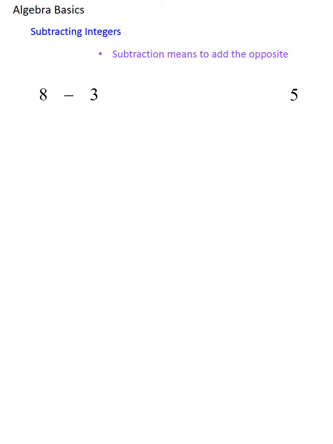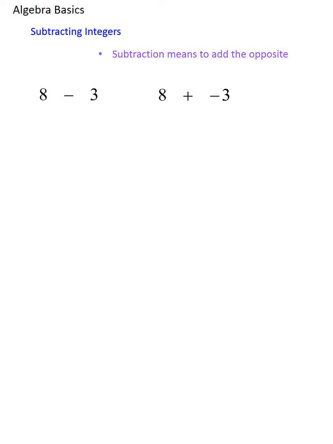Now, that's not wrong. But in algebra, we like to think of things a little differently. So when you see 8 minus 3, of course 5 should come to mind. But technically, what that means is to subtract 3 is to add the opposite of 3, or to add -3. Now, it may seem like a weird way to look at it, but that's the perspective in algebra.